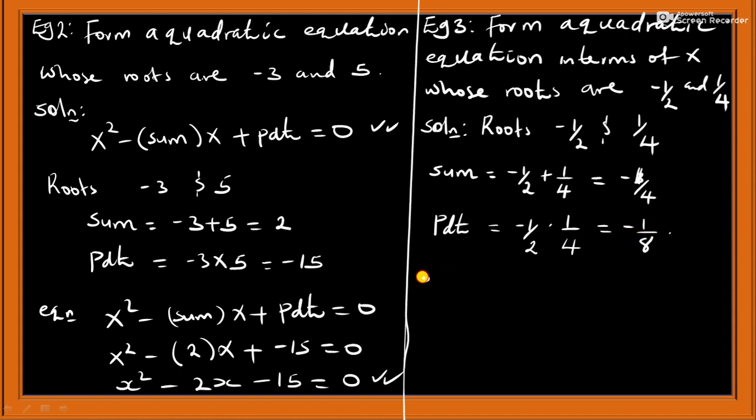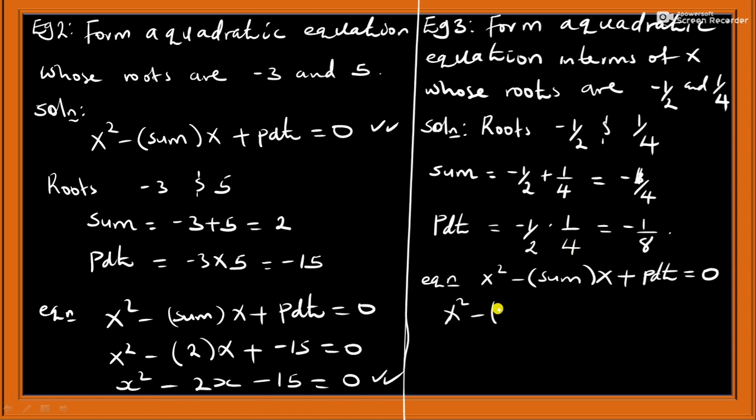So the equation is going to be x squared minus sum of x, then plus the product equals 0. We can substitute now. We shall have x squared minus sum.